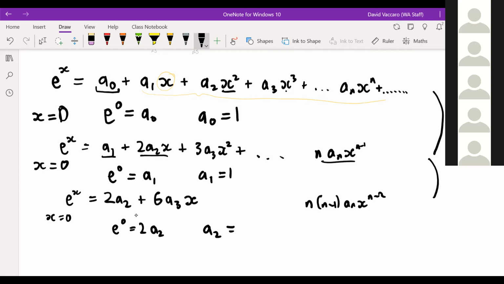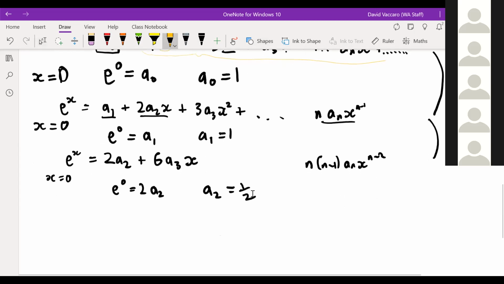So what does a2 equal? A2 equals 1/2. And then I can repeatedly play that game again. The next time it would start with e to the x is equal to 6a3 plus stuff. And so a3 is equal to 1/6.